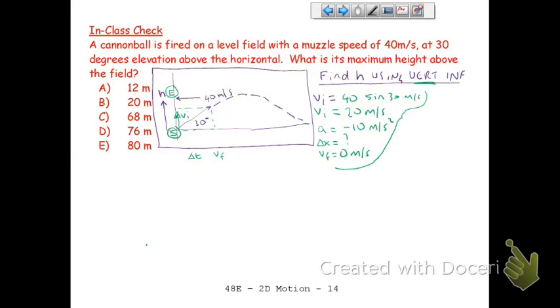So I go VF squared equals VI squared plus 2A delta x. 0 squared is equal to 20 squared plus 2 times minus 10 times delta x.